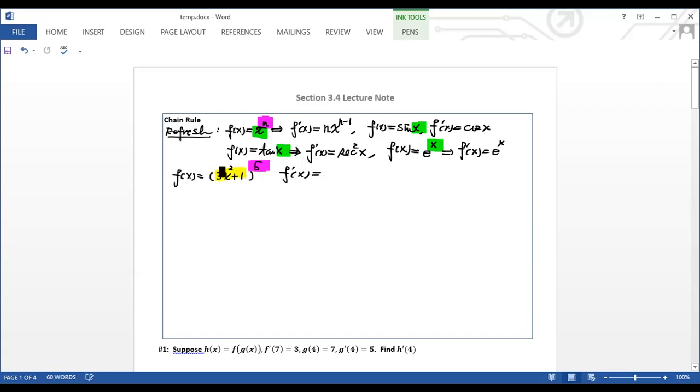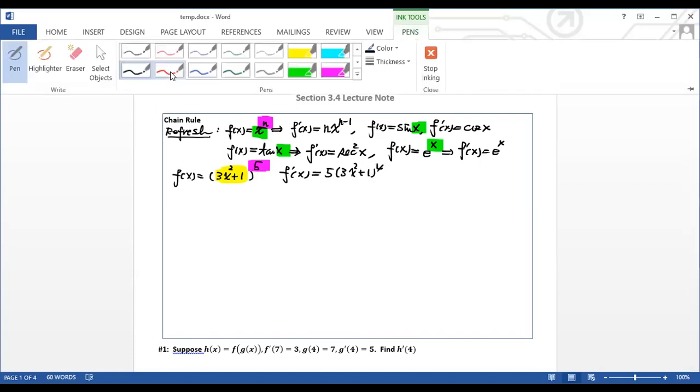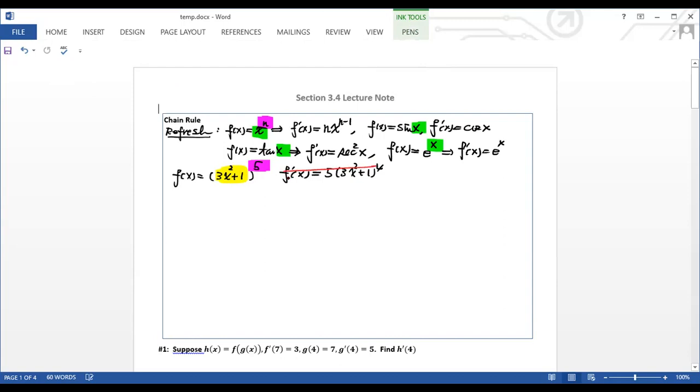But here, we have 3x squared, so it's not just x anymore. So how do we do this? I cannot just say f prime x is 5 times 3x squared plus 1 to the 4th, because the formula we learned previously only works with the variable x.